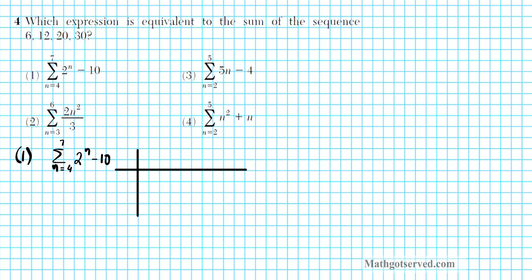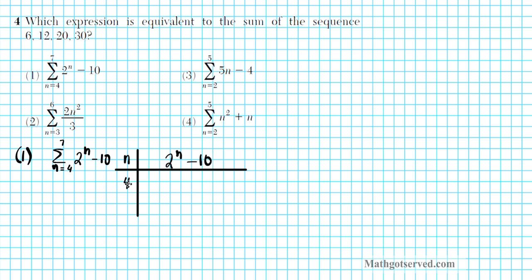We're going to have the independent variable n, and our outputs are going to be generated by substituting the values of n into 2 to the n minus 10. We're going from 4 to 7, so we'll start with 4.